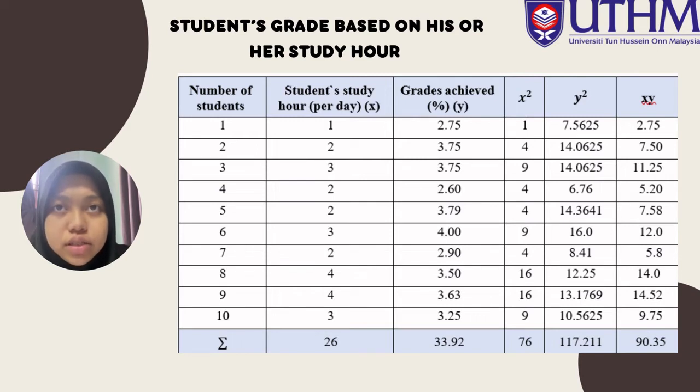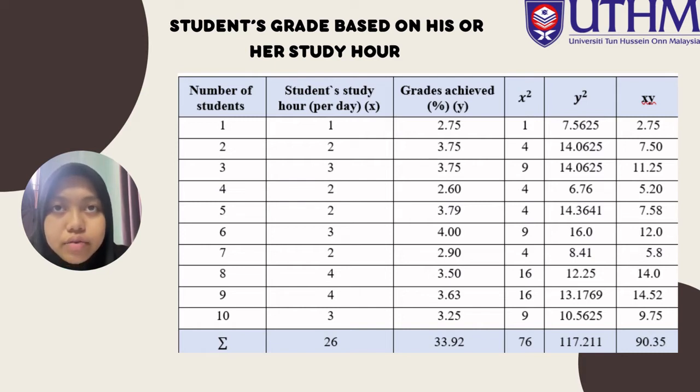And lastly, for XY, you multiply the grade achieved by the student study hours. For example, take the grade achieved of 2.75 and multiply it by the student study hours of 2, and you will get 7.50.